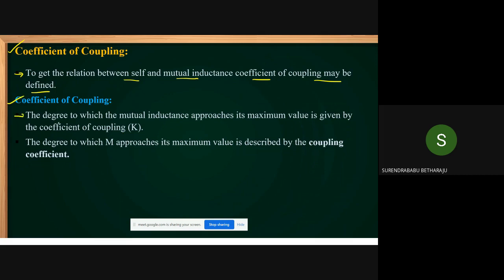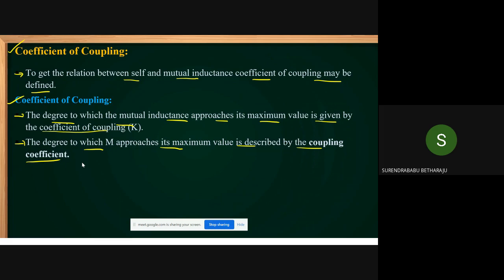The degree to which the mutual inductance approaches its maximum value is given by the coefficient of coupling. That is, the coupling coefficient indicates how closely coupled these two coils are.